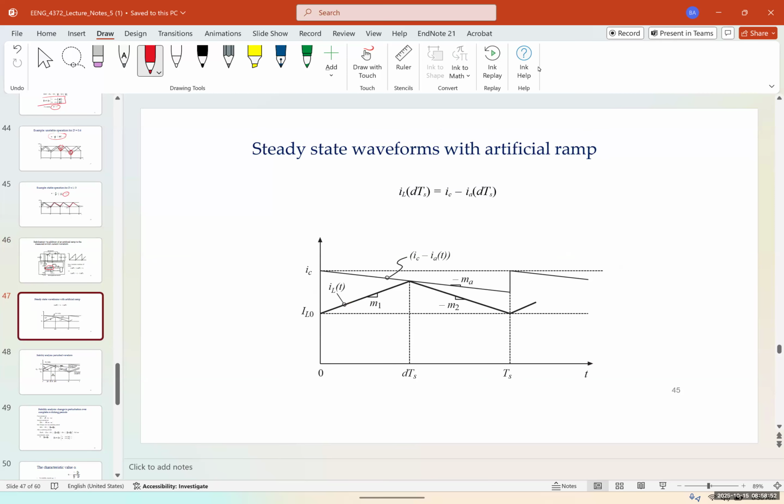And when we have this, we can have D's greater than 0.5. So for a steady state waveform with artificial ramp, IL(DTs) is going to be IC minus IA(DTs). Before this artificial ramp, the signal would go to IC, and you're going to have something like this.